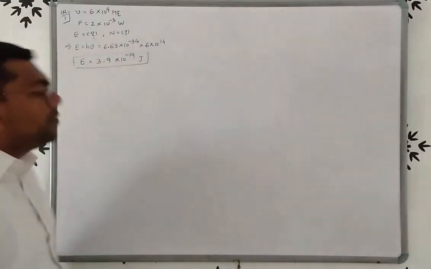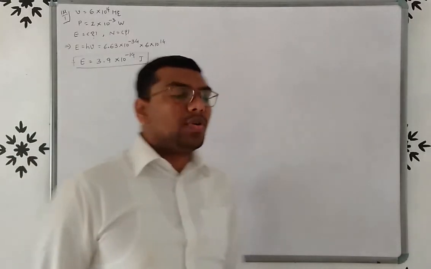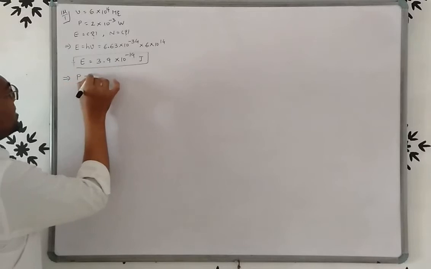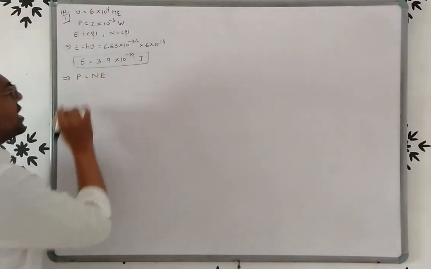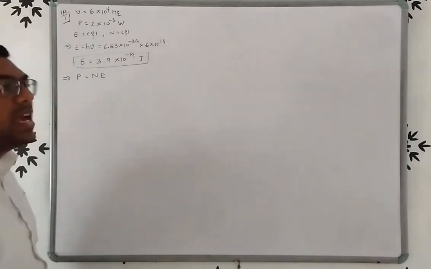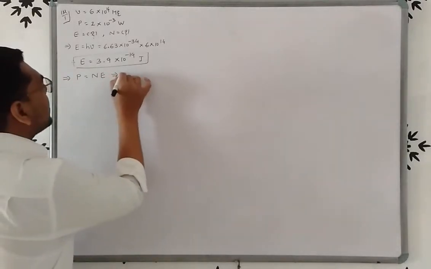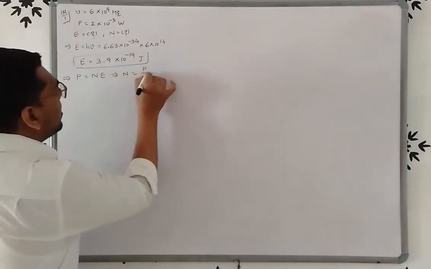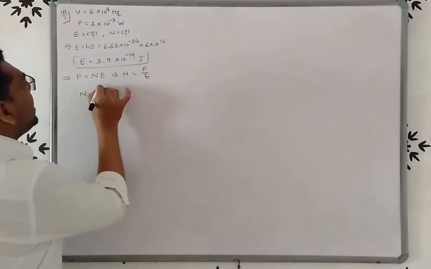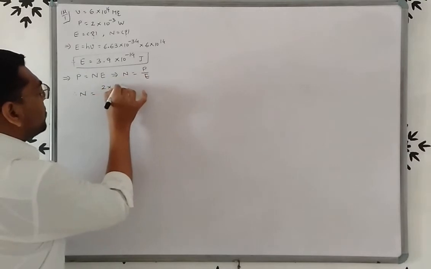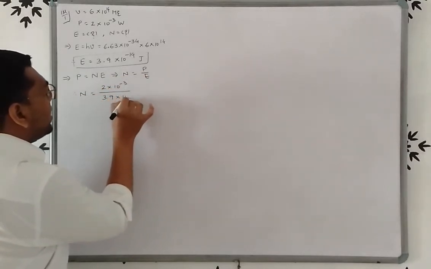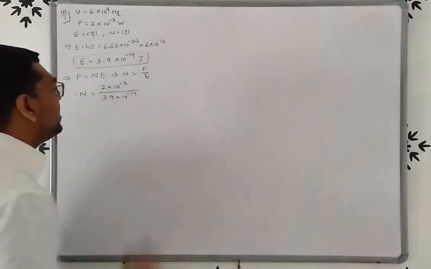Now we have to find out number of photons. So friends, you have to remember the formula. Power P is equal to NE, where P is power, N is number of photons and E is energy. So N is equal to P upon E, right? So N is equal to the value of P, that is 2 into 10 raised to minus 3, and energy 3.9 into 10 raised to minus 19, right?